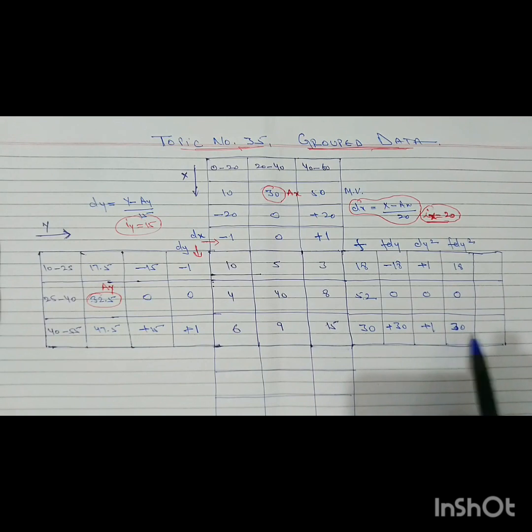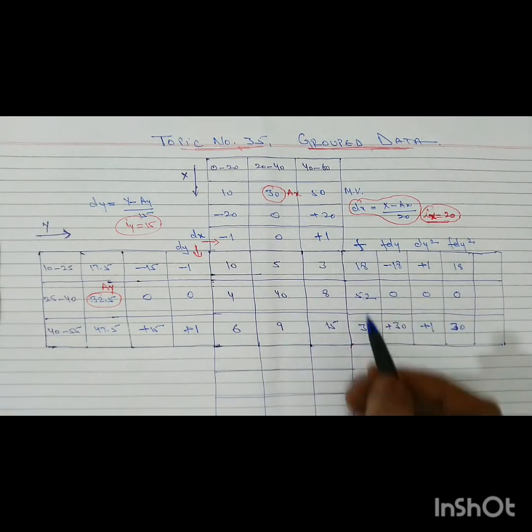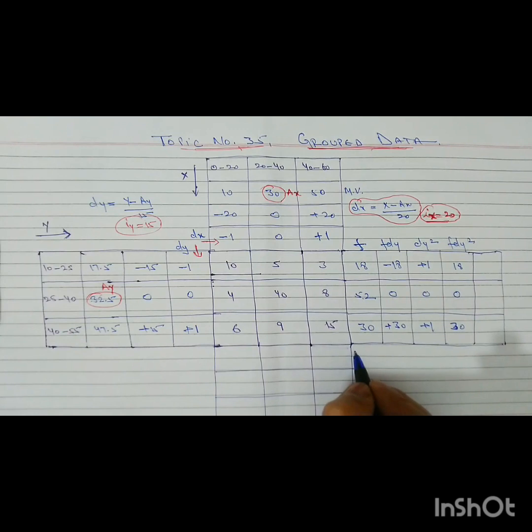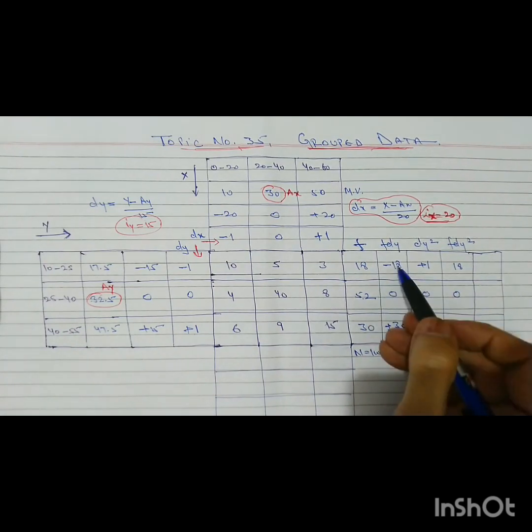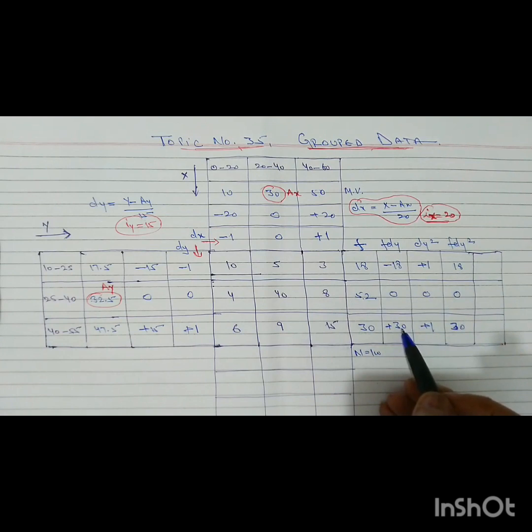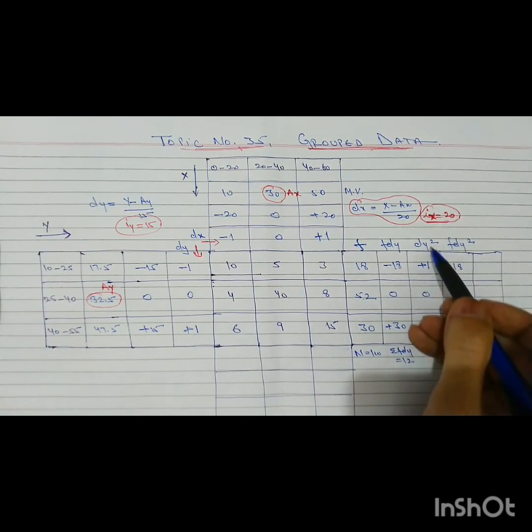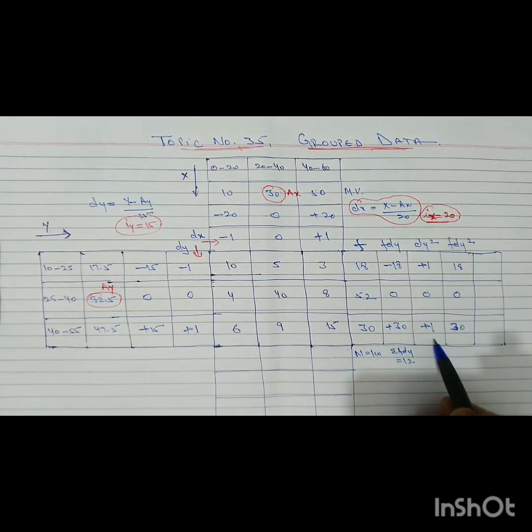Now find the summation for all of these. The summation of f is 100, meaning n equals 100. The summation of f dy is minus 18 plus 30, which is 12. The summation of dy square is not needed.